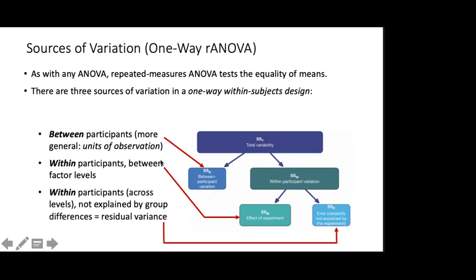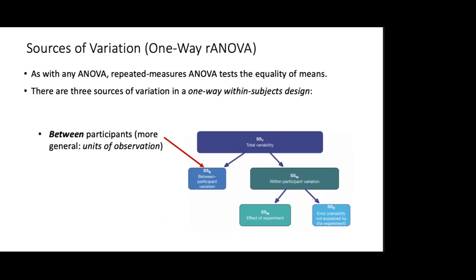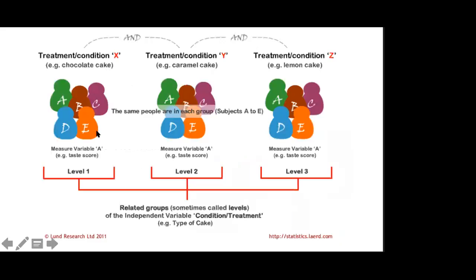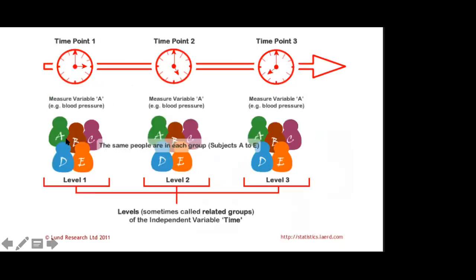Okay, so the between variability is between our subjects. We could see that as a sort of baseline level. For our cake example, or the blood pressure example, people might just differ in their general level. Person A might have generally a higher blood pressure level and person B lower, etc., right?